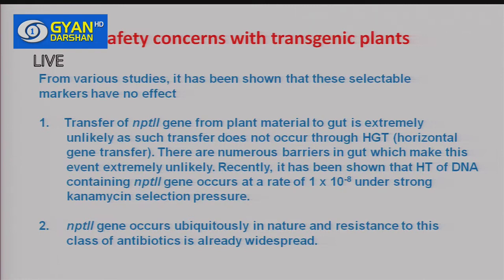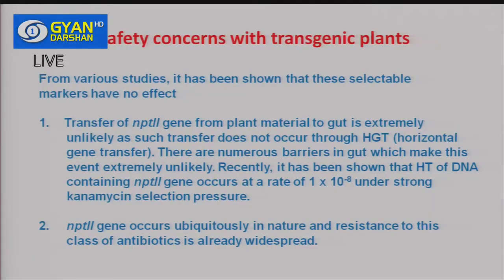So under such stringent pH conditions, it is highly expected that these antibiotic properties will be lost. Moreover, if you eat cooked food, for instance staple food like rice and wheat, the antibiotic resistant property is already destroyed by high temperature or heat, or under such acidic conditions. So there is no way that this antibiotic resistance is going to affect you in any way.